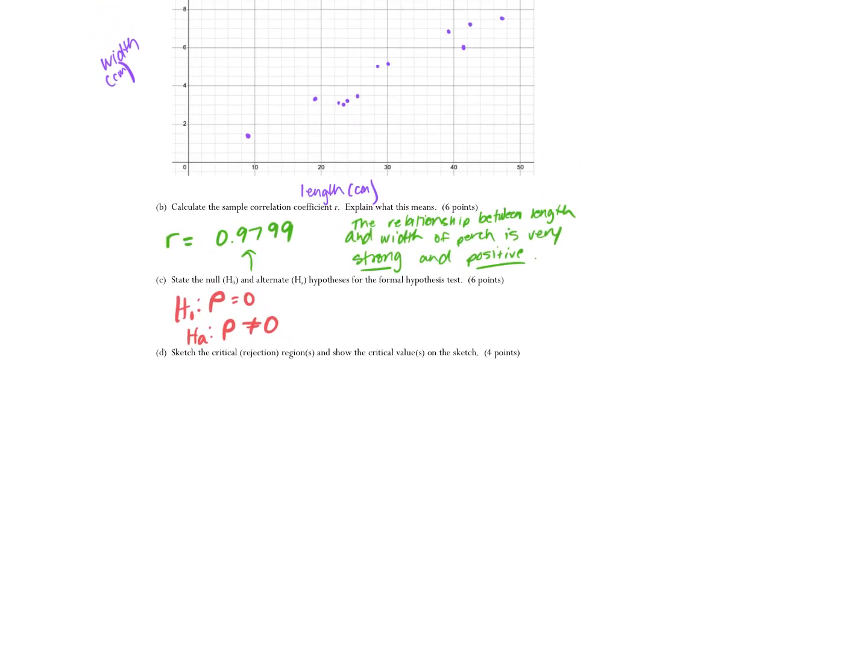All right, sketch the rejection region. Same set of expectations. Is this Z or T? T. What are our degrees of freedom? Ten. You can either do n minus 2, two variables, right?